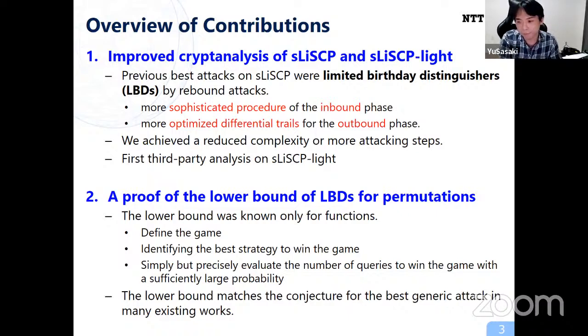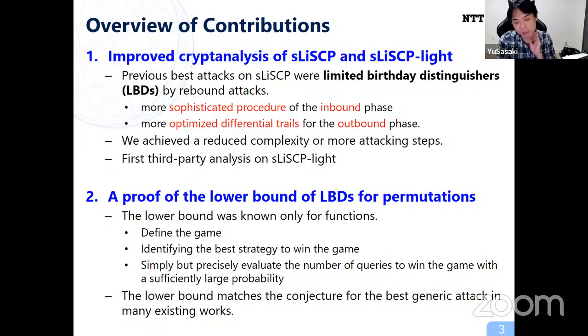The problem can be defined for functions, and in the case of functions the lower bound is known, but it was open for permutations. In previous distinguishing attacks, they made a conjecture for the best generic attacks, using the upper bound to assume that any attack faster than the best upper bound is a valid attack. This is a conjecture, and we tackled the problem in this research.